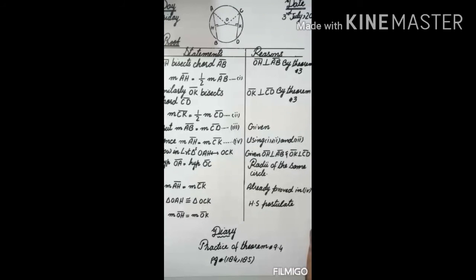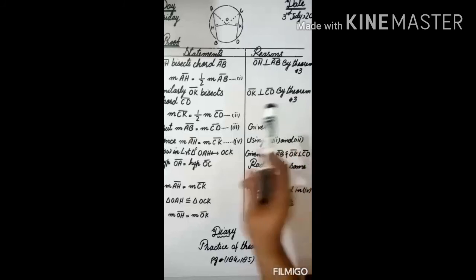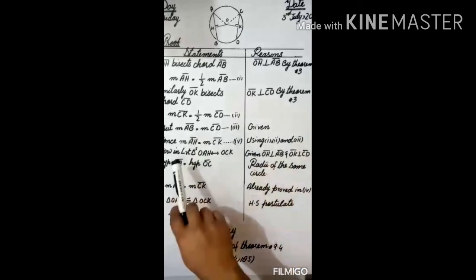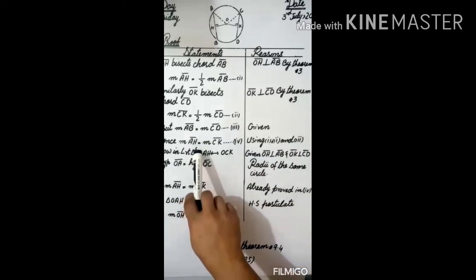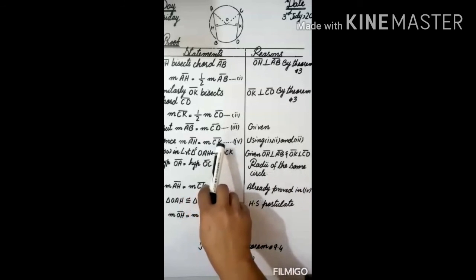Now in this theorem there is one thing I want to tell you students. In the reason it is written "by theorem number 3". Here you have to write down the statement of theorem number 3, so you have to learn the statement of that theorem. Now only one confusing point is here: how is measurement AH equal to measurement CK?